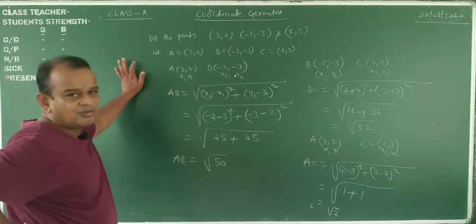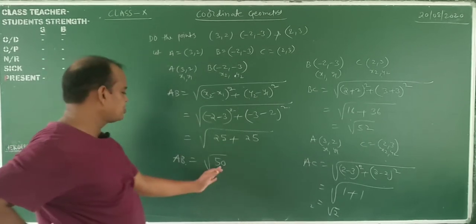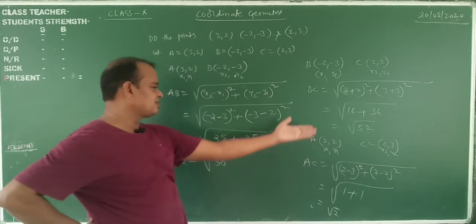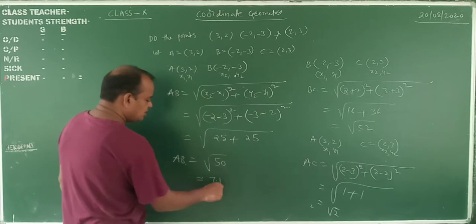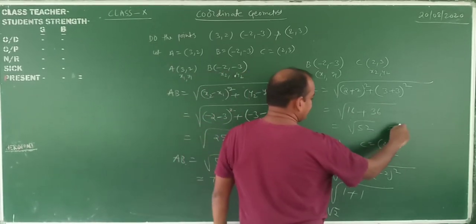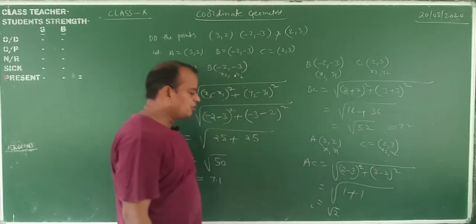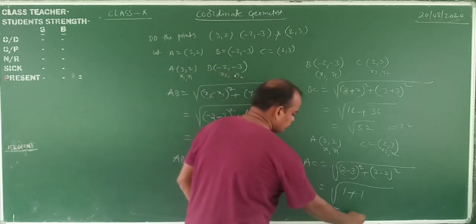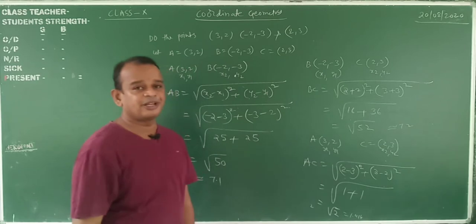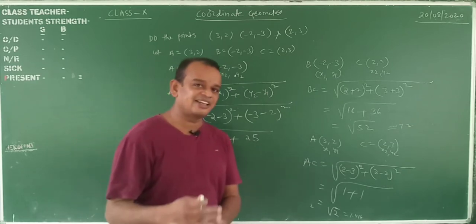Do these points form a triangle or not? Suppose approximately this side is 7.1 and that is 7.2, whatever it may be. Root 2 is 1.414. Just explaining: the sum of any two sides is greater than the third side.